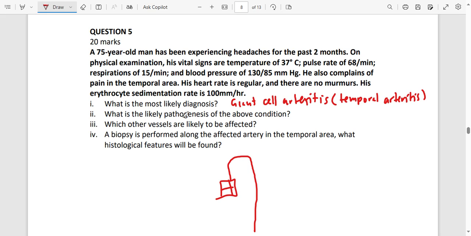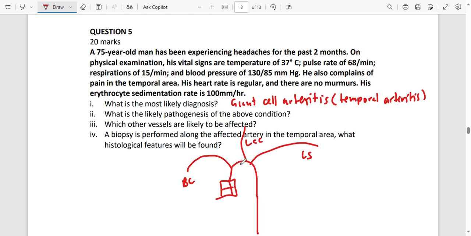The aorta is the biggest artery that we know, so it is known as a large artery. The many branches of the aorta are also large branches. You have the brachiocephalic, the right subclavian, then the left common carotid, and then the left subclavian. So these are big arteries.